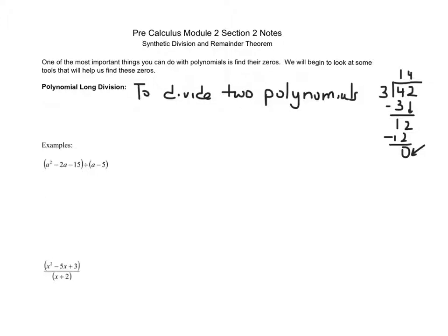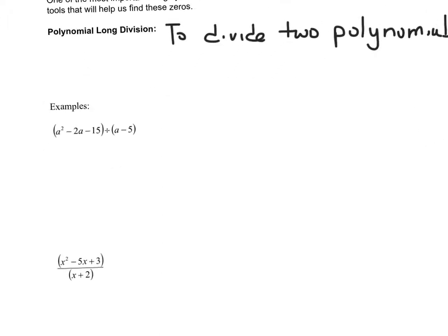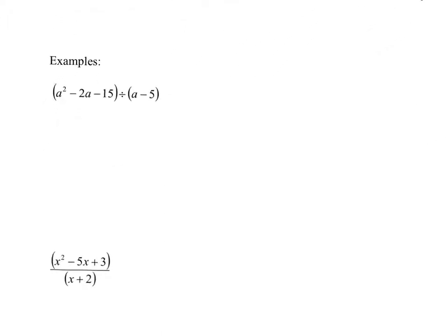So our first example says a squared minus 2a minus 15 divided by a minus 5. If I want to divide this, I will start by putting the divisor outside of the dividend. And the key thing to polynomial long division, as you recall, is all we're really looking at is the first term here and the first term here.